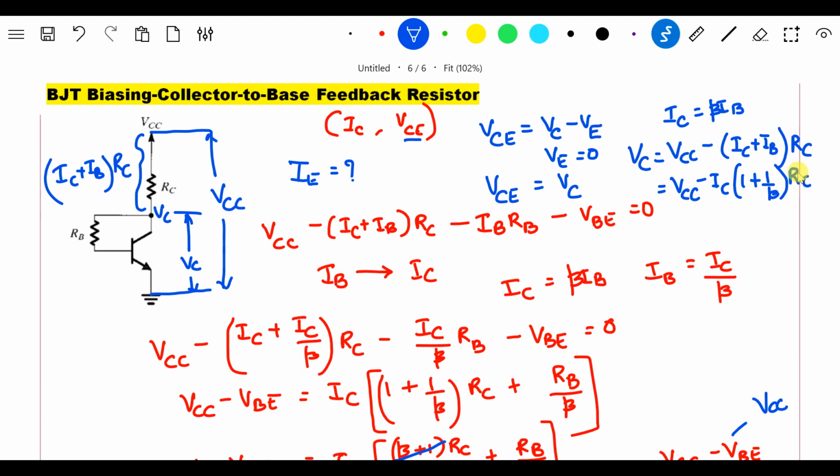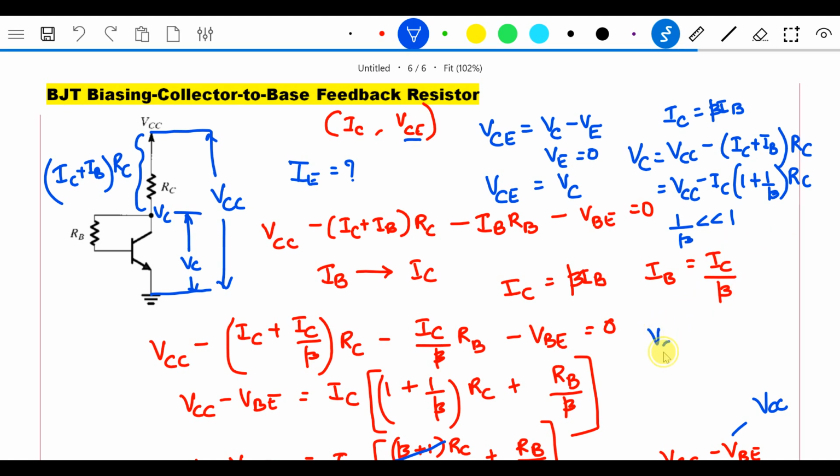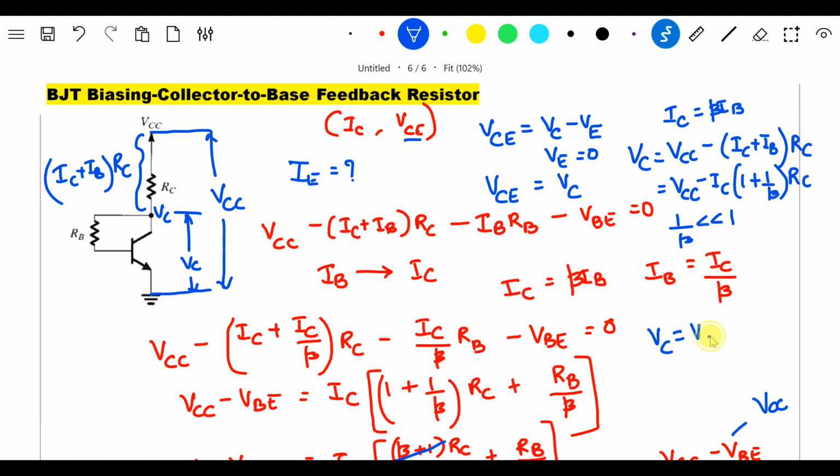Now, 1 by beta will definitely be less than 1. Earlier we said beta is much greater than 1, so 1 by beta will be very small compared to 1, and this factor will become 1.